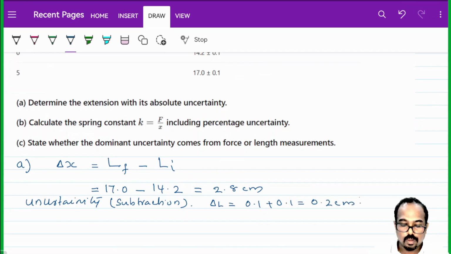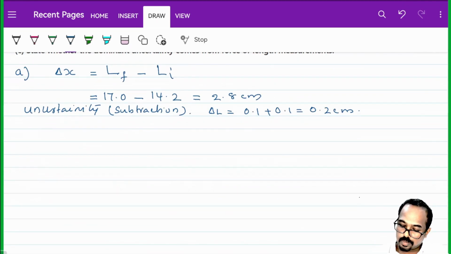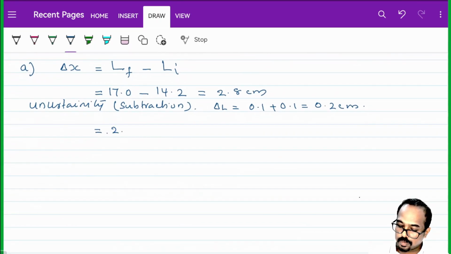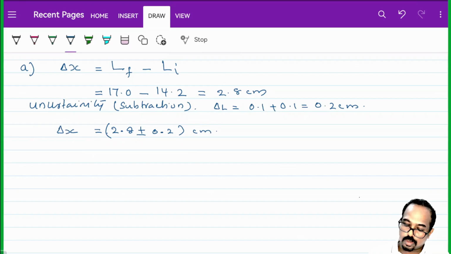Okay, so how can you represent this one? This one is 2.8 is the value, plus or minus 0.2 is the absolute uncertainty. This is in centimeter, and this is the extension, change in length. So this is the answer for the first part.